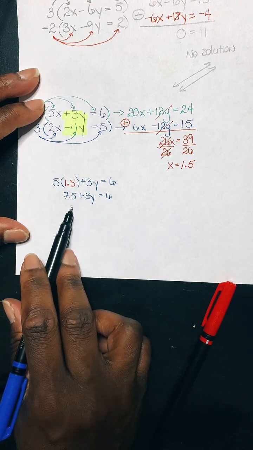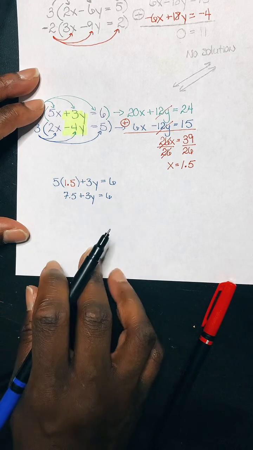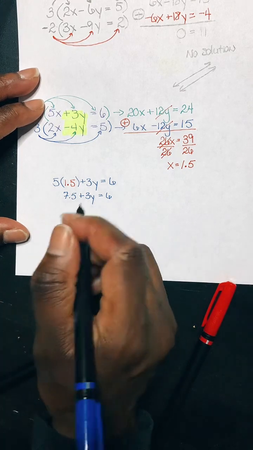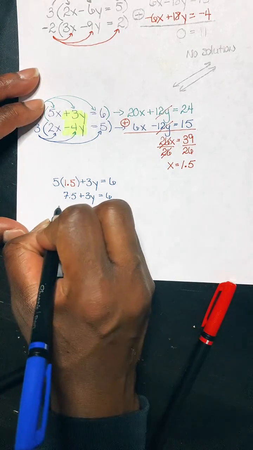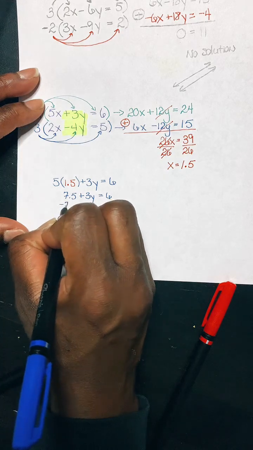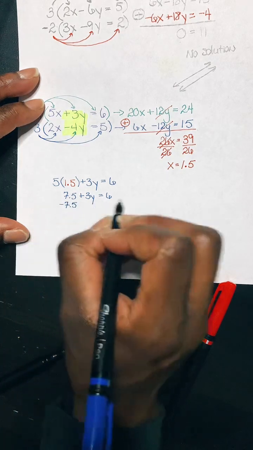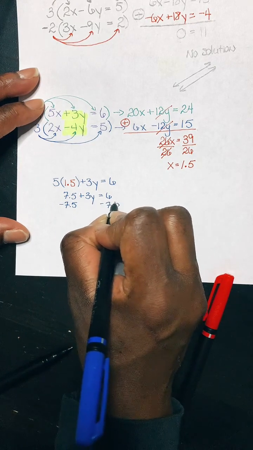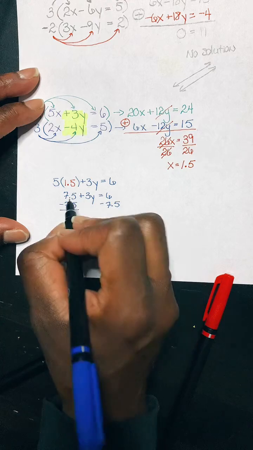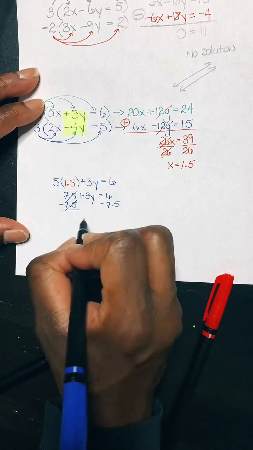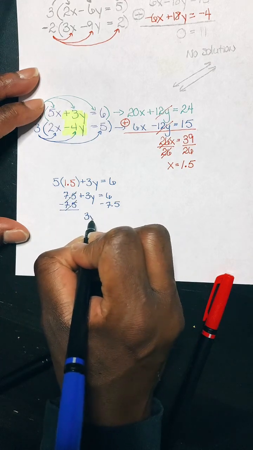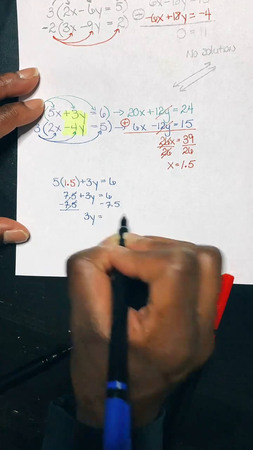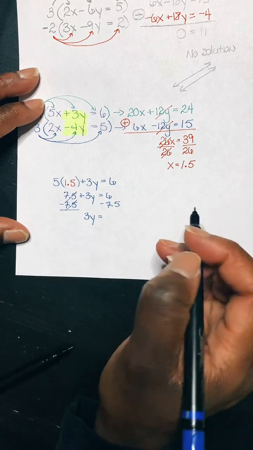Okay, move the 7.5 underneath the 6. So we're not going to multiply. Yes, we're going to minus 7.5. Good. So if I subtract 7.5, or 7 5/10, on both sides, these are going to cancel out. And my 3y is going to be by itself on that side of the equal sign. All right?